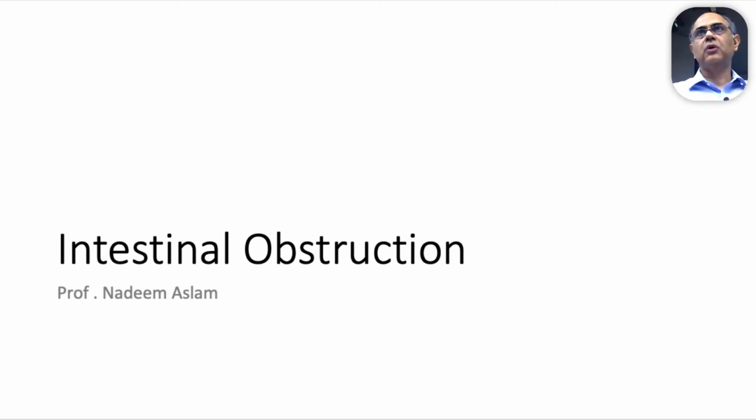Today I am going to talk about intestinal obstruction generally, and there will be a huge overlap of small bowel and large bowel. But the specific causes which we deal with in the large bowel I will discuss in detail, but the basic pathophysiology and mechanism will be common to both the small bowel and the large bowel.